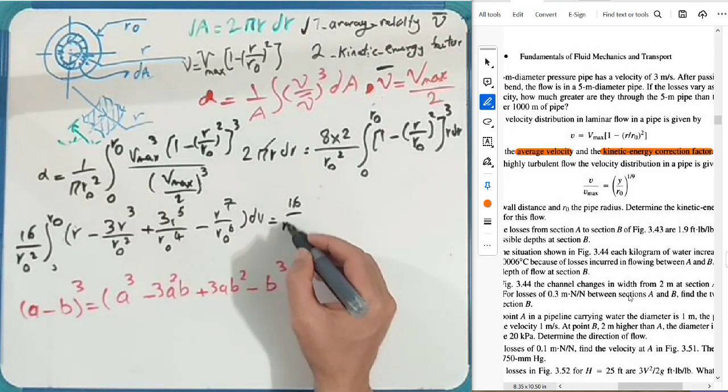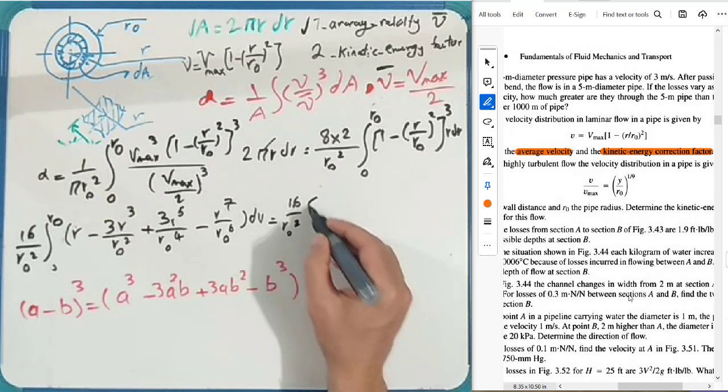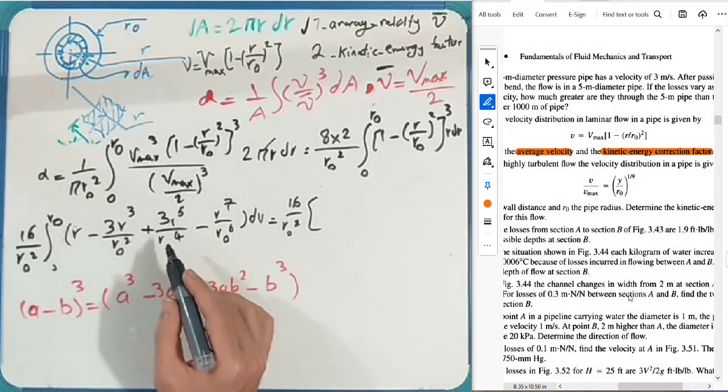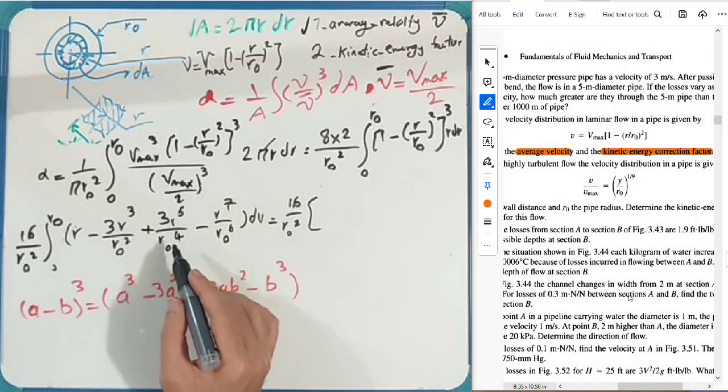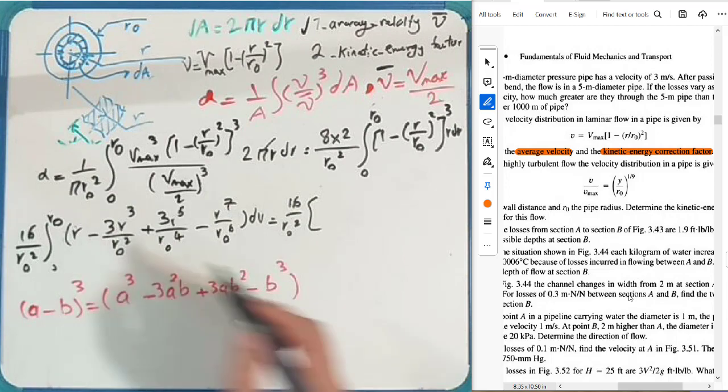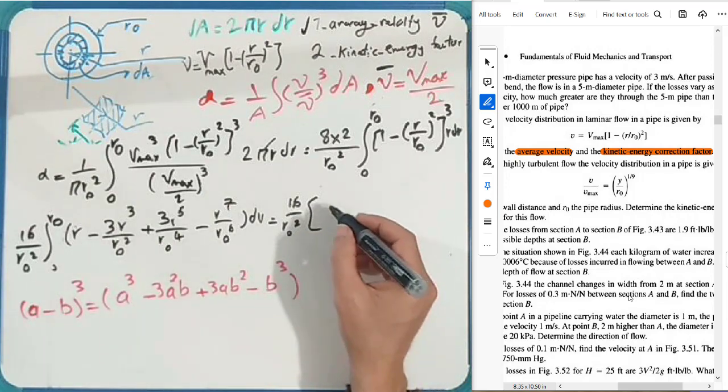16/R0². I should integrate all of this one and put R0 in place of r as the value. Okay, let me do it.